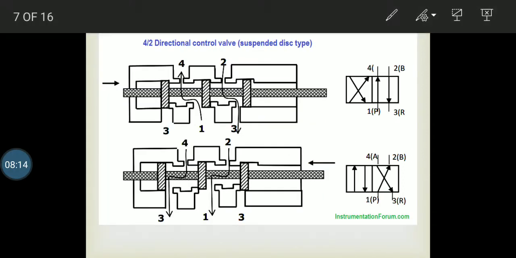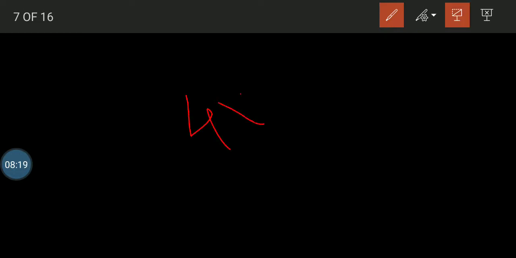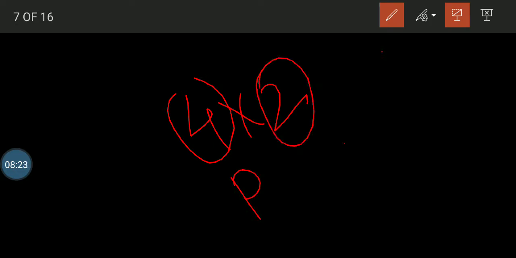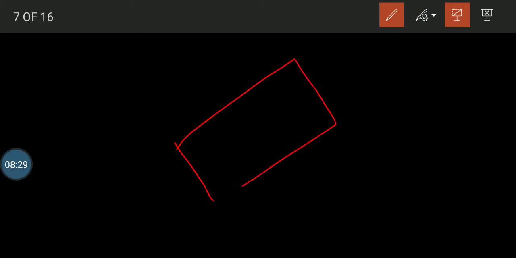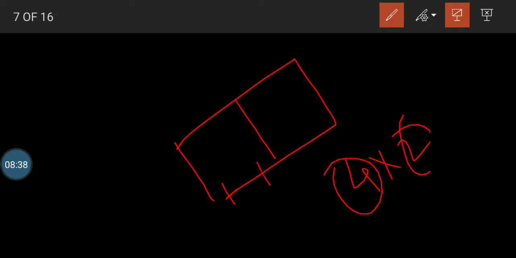When I am talking about 4x2, it means 4 number of ports and 2 number of sections. For the number of sections, I have to divide the complete rectangle into 2 parts. So 4x2 means 2 sections, and I am having 4 ports, 1, 2, 3, 4, 1, 2, 3, 4.